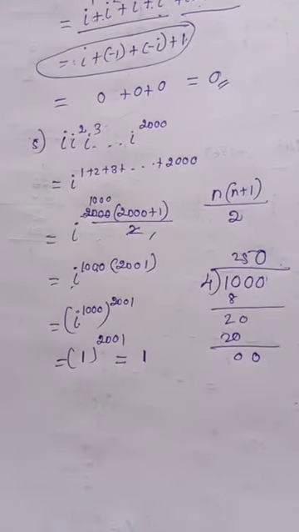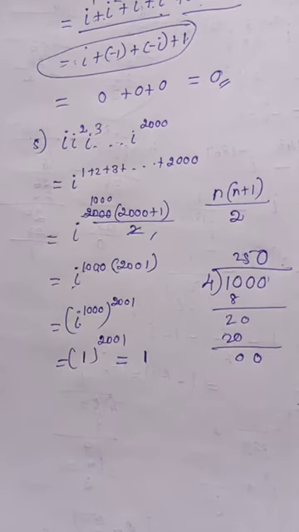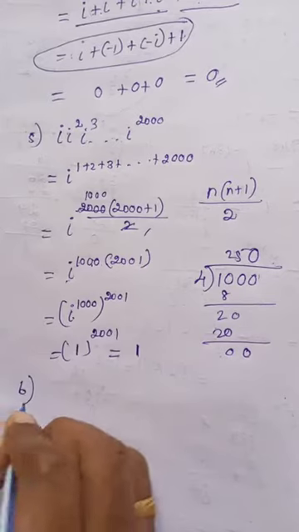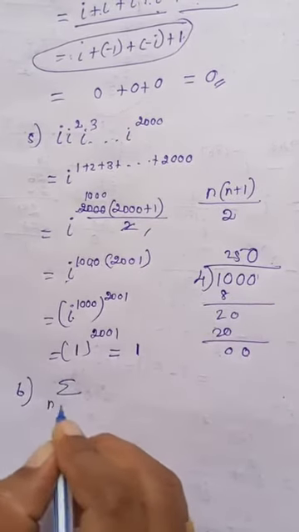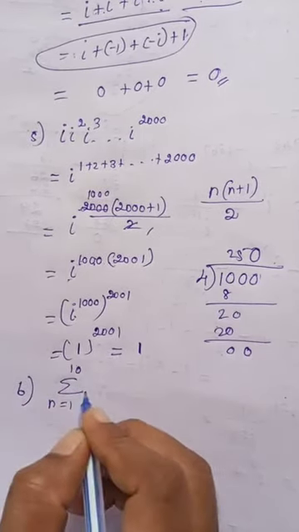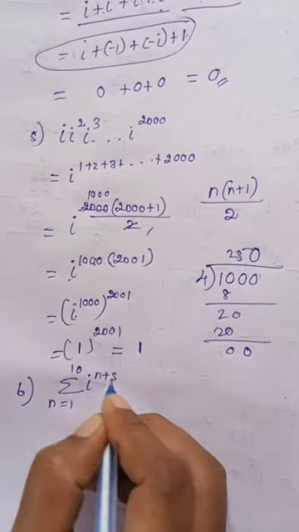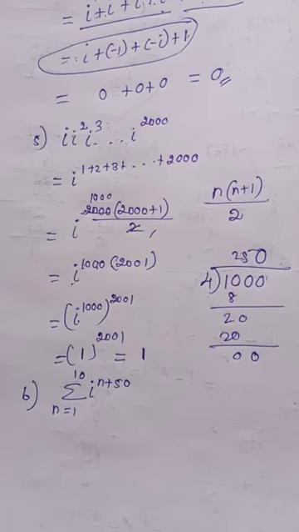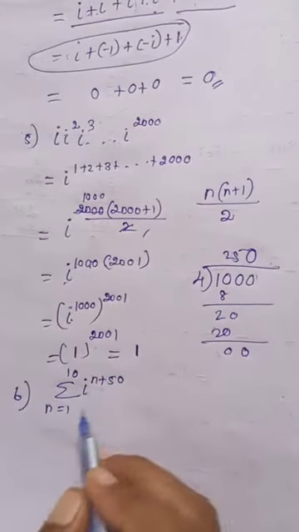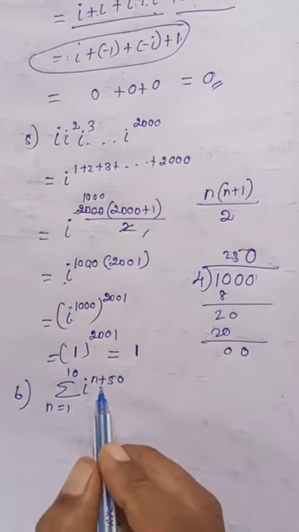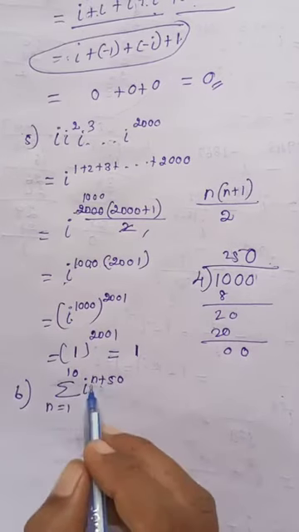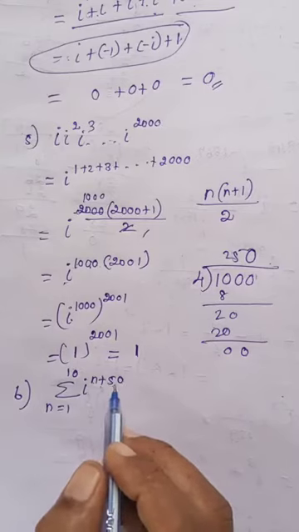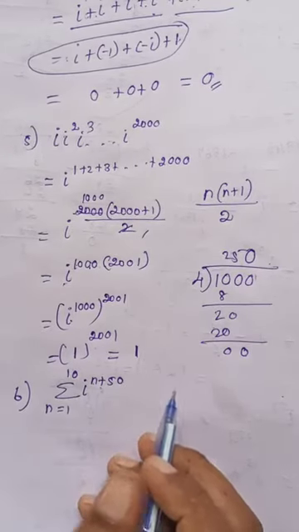Is that clear? Now the last problem in this exercise is sigma n equal to 1 to 10 of i power n plus 50. So when we substitute here, you may get i power 51 plus i power 52, 53, till i power 60.